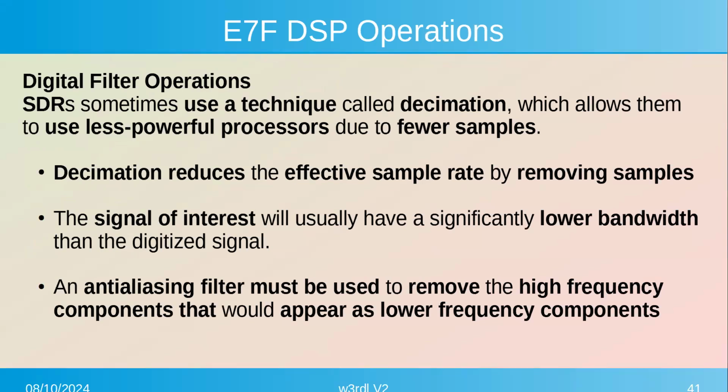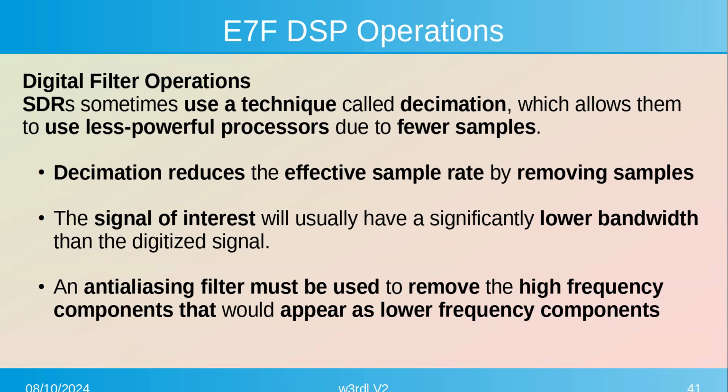Sometimes you'll see a thing called decimation, where your analog to digital converter is sampling at maybe a gigahertz or something, and you're actually looking at a much, much lower frequency. So you have a lot more samples than you actually need, because as a minimum, you only need 2 per whatever the frequency is.